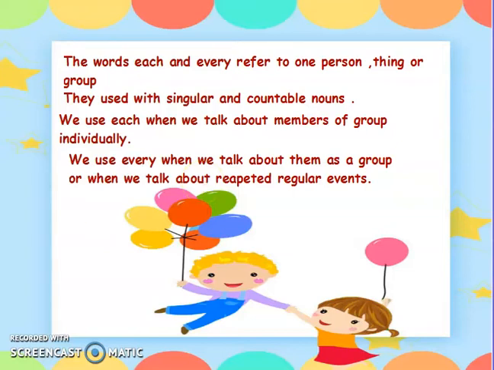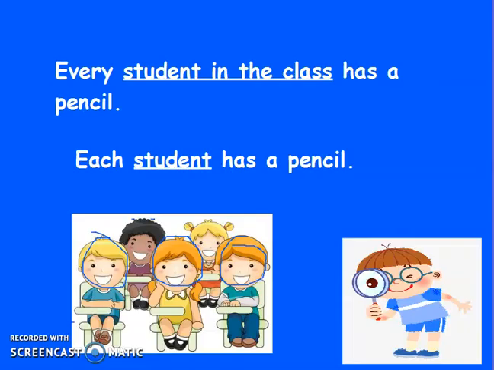So, if you go back to the picture, we say each when we talk about every member individually in a group. When we talk about every, we use the group. So this is every and this is each. Every for the group, each for the members of the group individually.